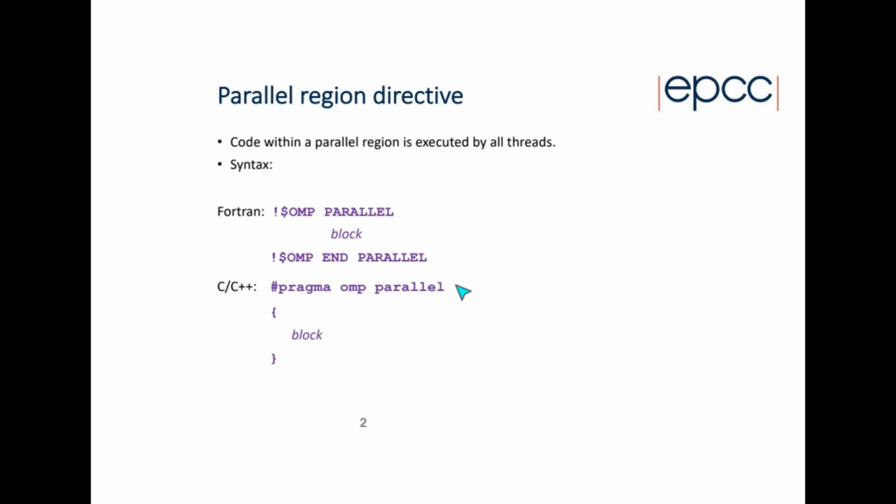The reason for that is that the code has to parse correctly as C code without the directive there. So the curly brace has to go on the next line and not on the end of the directive.